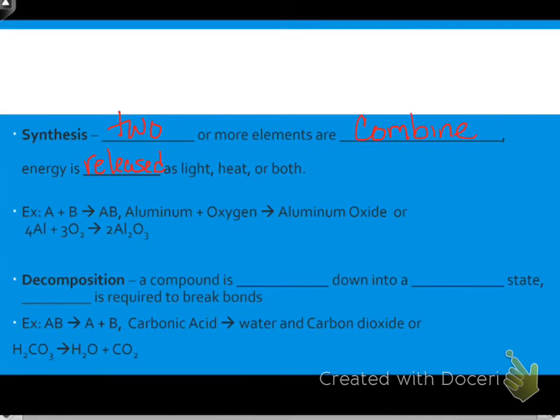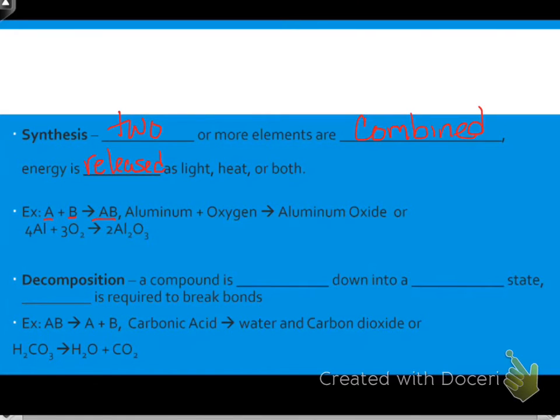So I have some examples here, some simple samples like A plus B produces or yields AB. You can see that in those letters right there. That's a simple way to look at it. An example of elements that combined would be aluminum plus oxygen.